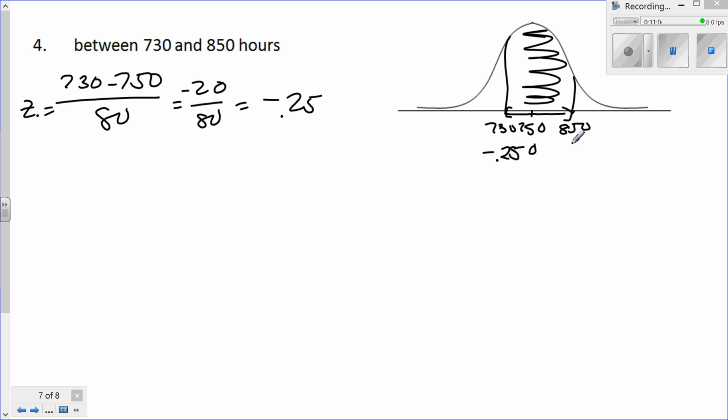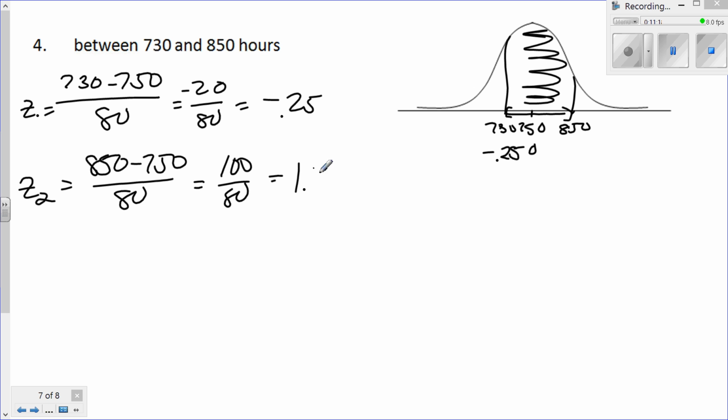750 would correspond to 0, and then 850 can be 100 over 80. That's 1.25. So in my table, I'll look up a z of negative 0.25 and find the probability that goes with that. And that was 0.40129.